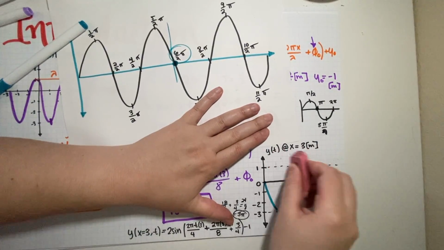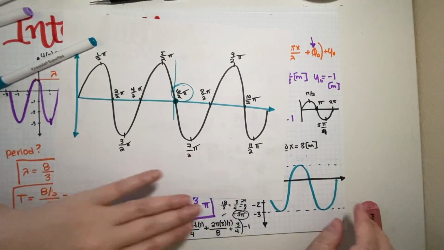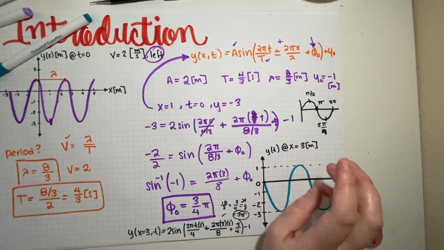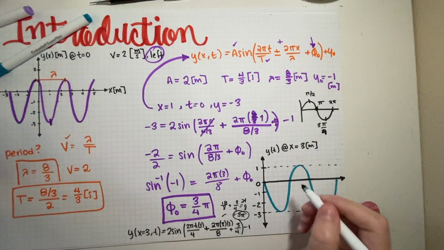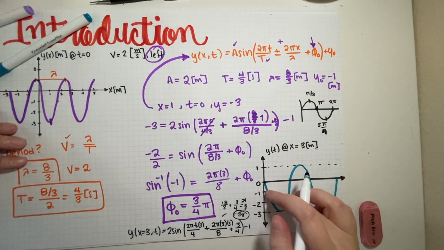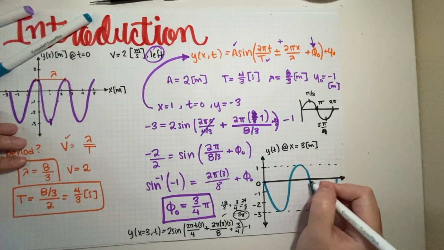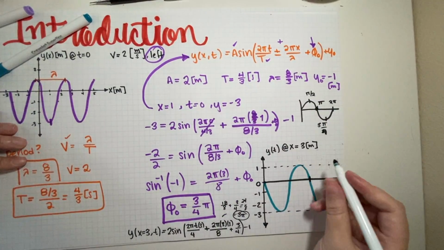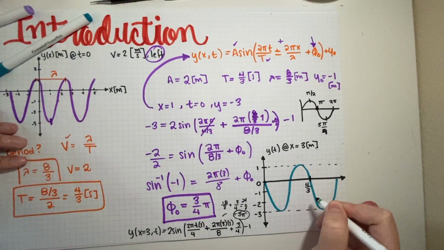Now the phase constant is correct, the amplitude is correct. This is my amplitude, this is my phase constant. The only thing that I have to do is put some numbers in here. So a full iteration should be 4/3, like this.